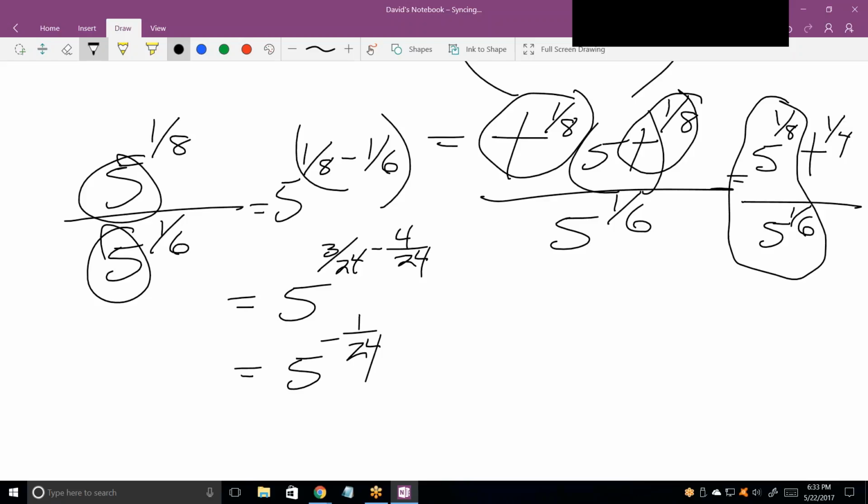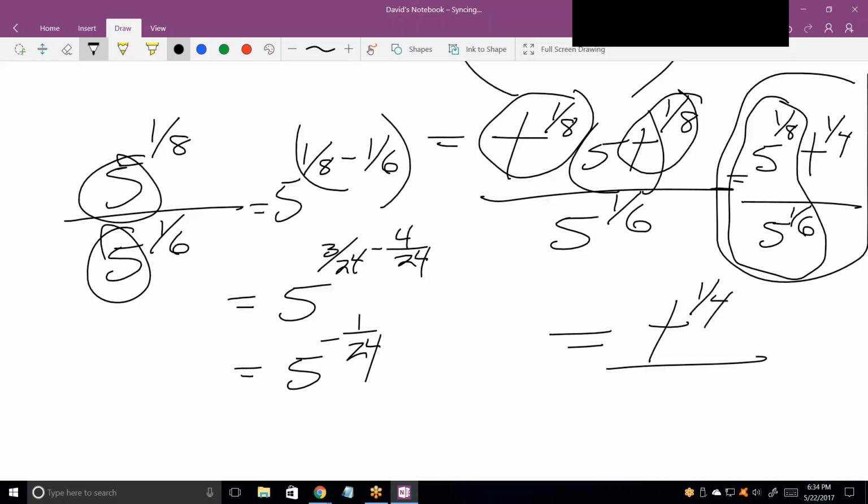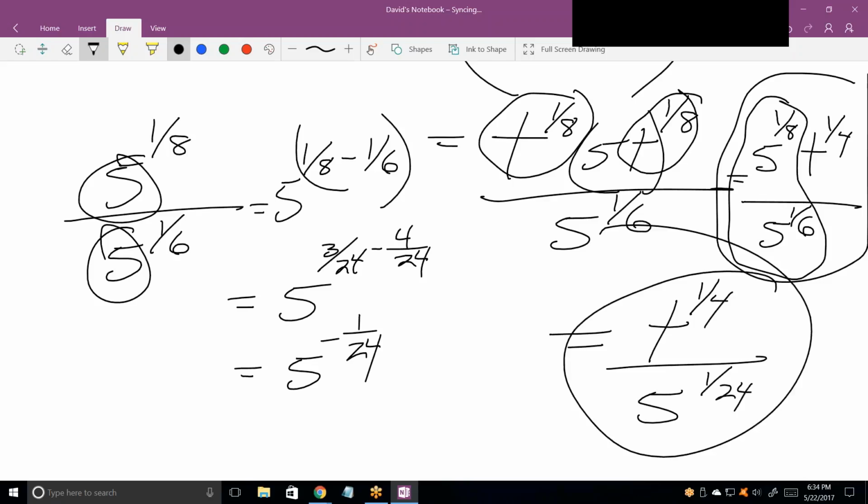What's my final answer going to look like over here? It's going to be 5 to the 1/4 over 5 to the 1/24. Right? Good. And that's as simplified as you can really make it.